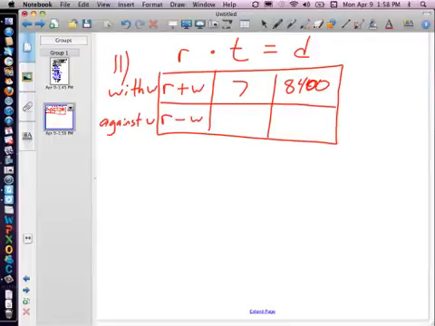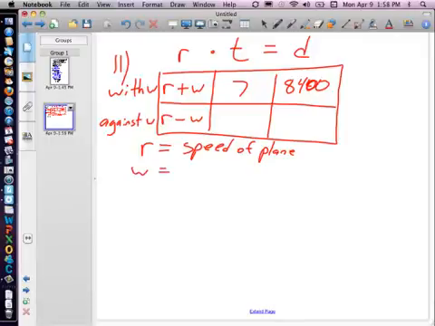So it might help to say R equals speed or rate of plane, and W equals speed of the wind. All right. And so against the wind, it says the plane makes the return trip in 6 hours. And it doesn't tell us the distance, but since it's a return trip, we know that it's the same.